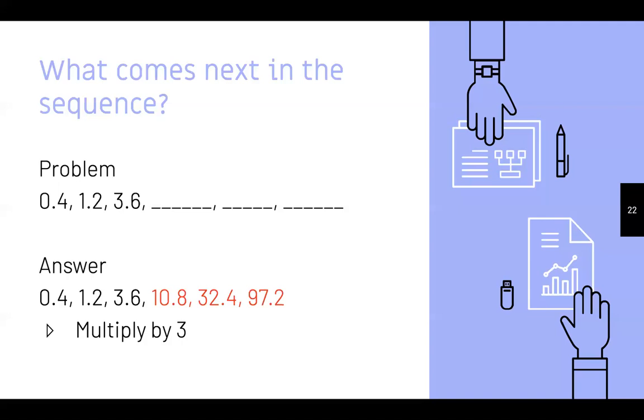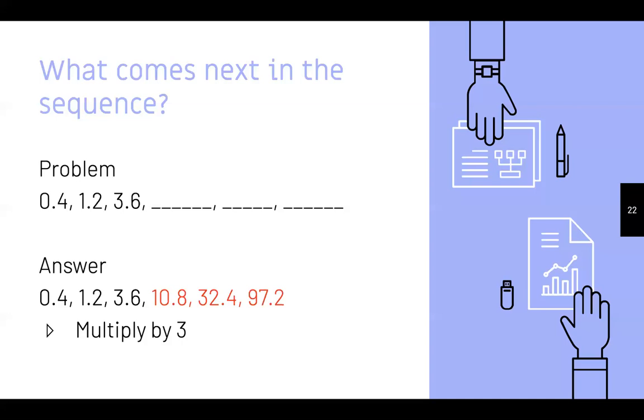So the next ones, we just multiply 3.6 by 3, which is 10.8. The 1 goes to the top, 8 there, 3 times 3 is 9. Add the 1, 10.8. Now we have to do 10.8 multiplied by 3. Move the 2 up, bring the 4 down.